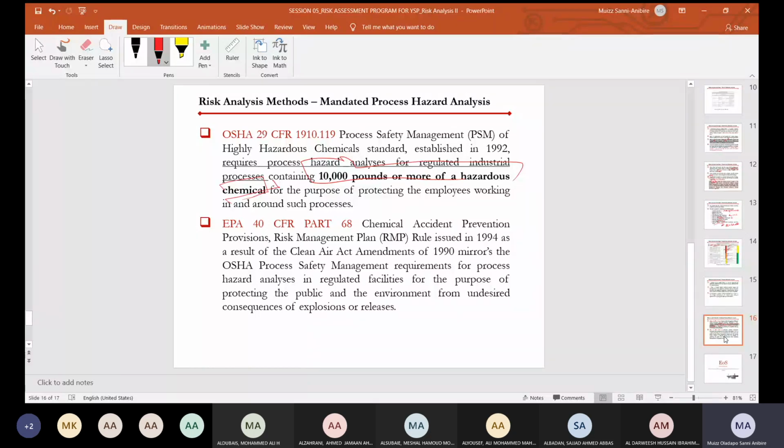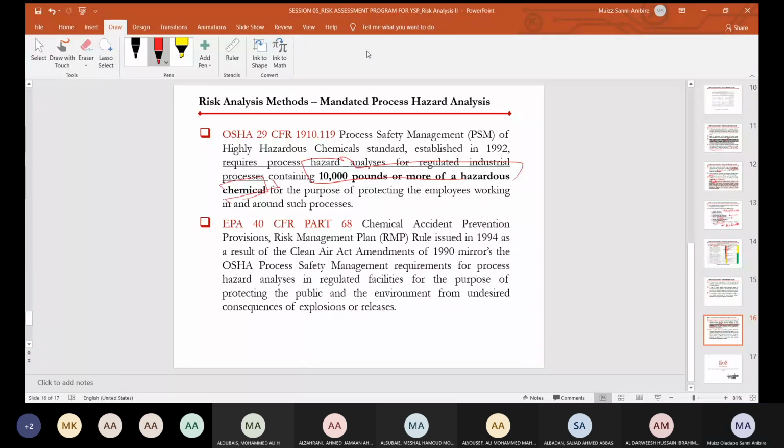Something else is the EPA, the Chemical Accident Prevention Program, that's the RMP, established or issued in 1994 as a result of the Clean Air Act. So OSHA process safety management has requirements for process hazard analysis in regulated facilities for the purpose of protecting the public and environment from undesired consequences of explosions and energy. So for EPA, they just have general statements regarding process safety management, and they want organizations to be more responsible in how they manage their processes and the chemicals or materials that they use.